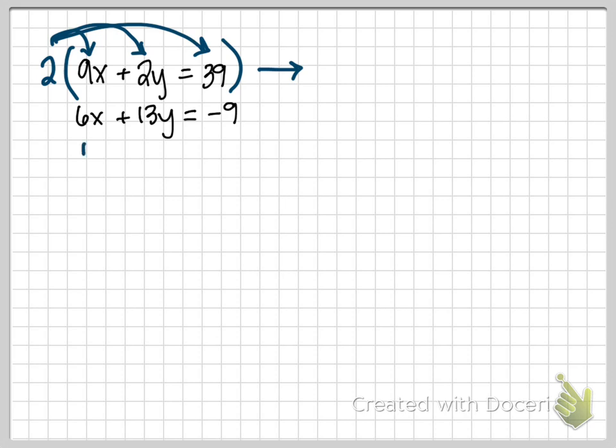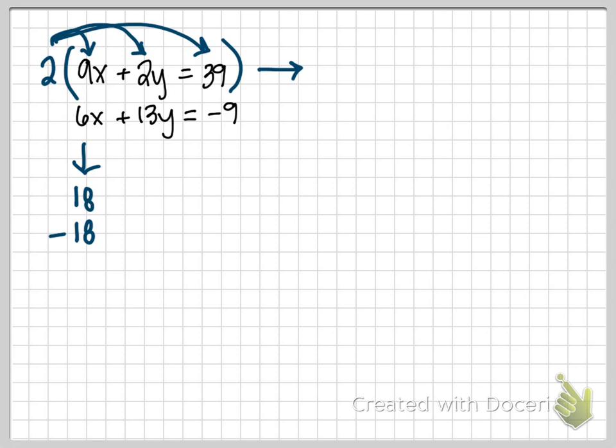Because I can see that if I can get 18 and -18 with my x's, then I can eliminate. Do you guys see that? I'm going to have to mess with both equations in order to be able to eliminate. Okay, so let's start with the first one.